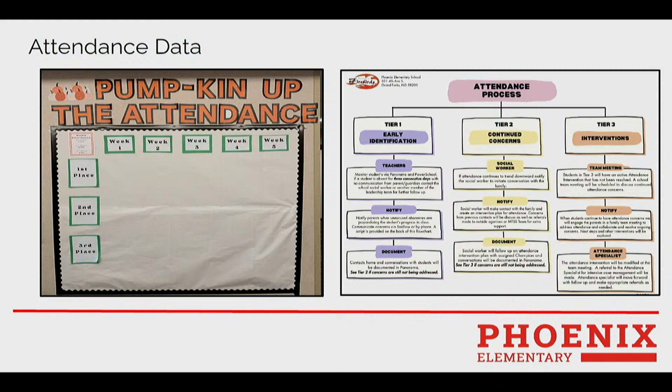Our staff does a great job reaching out to families via Seesaw or phone calls and building that connection so families know we care and we are concerned when they're not at school. Then it works its way up. Tier 2 is when I come in, and then Tier 3 we have our attendance specialist, Jen Little, who does awesome work with some of our families.